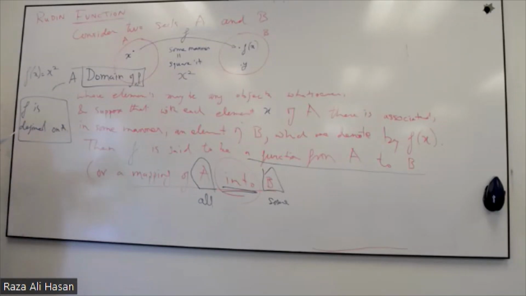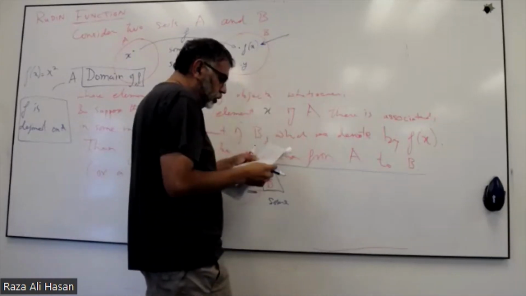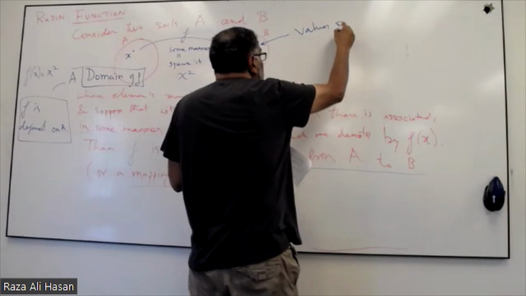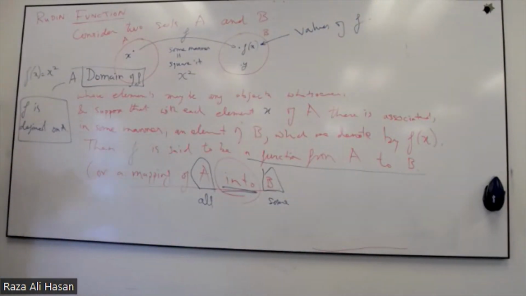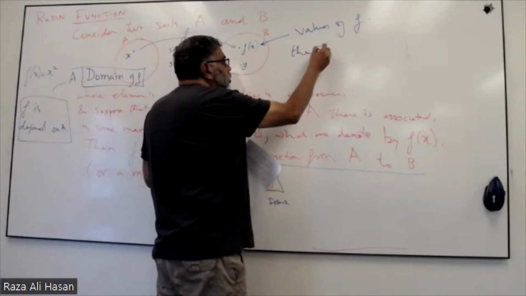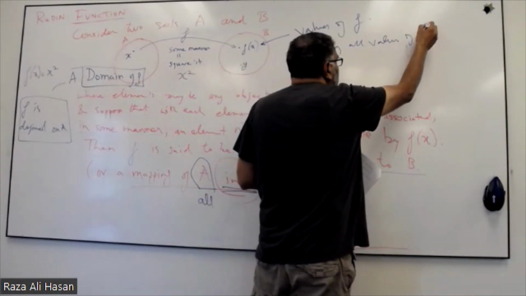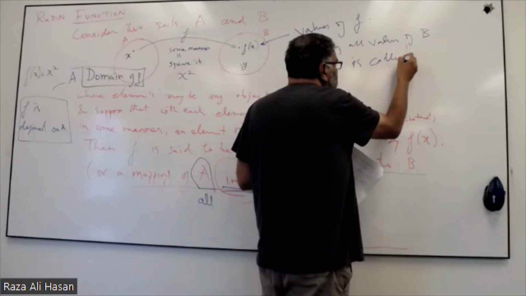And then the other thing is that these elements here are called values of F. Okay. And one last thing, the set of all values of B is called, anybody remember?